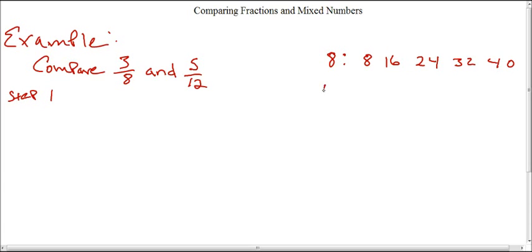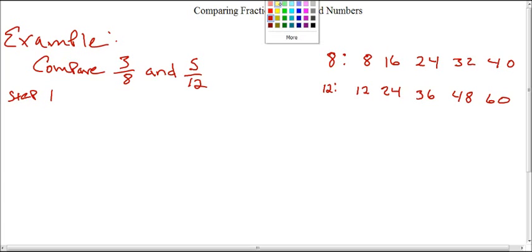For 12, we have 12, 24, 36, 48, and 60. Well, if we look closely right here, we will see that 8 has a multiple of 24 as well as 12, and this will be our least common multiple and also our least common denominator.